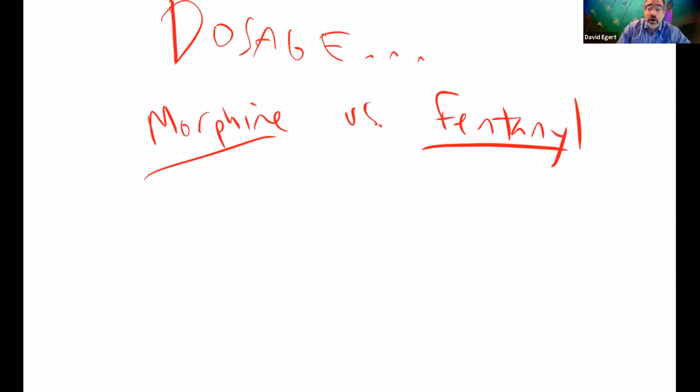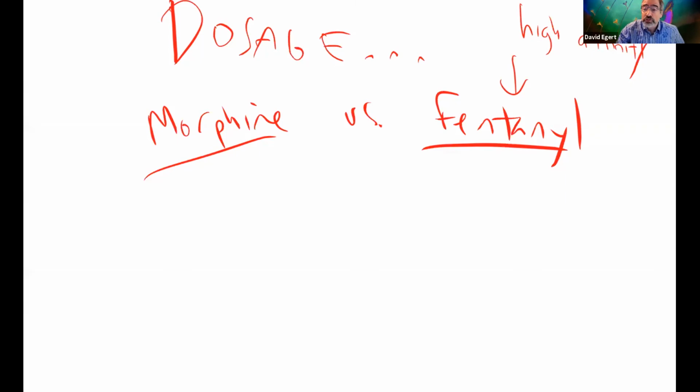The dosages are really, really different. Fentanyl is very high affinity, meaning once fentanyl gets to the opioid receptor, it holds on and keeps activating it for quite a while before it breaks free. Morphine grabs on, breaks free, grabs on, breaks free.